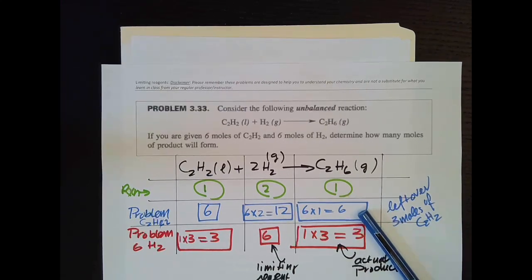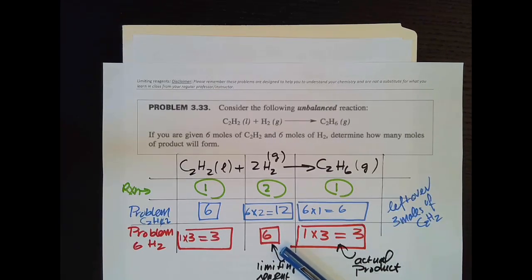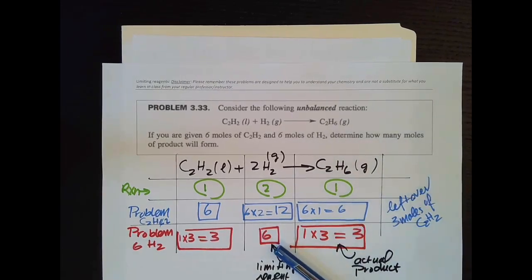But do we have 12 moles of hydrogen? No. Remember, the problem says we only have 6 moles of H2. So that means H2 is the limited reagent. We don't have enough of it. We only have 6 moles. So then we have to go back and calculate what we require for 6 moles of H2.